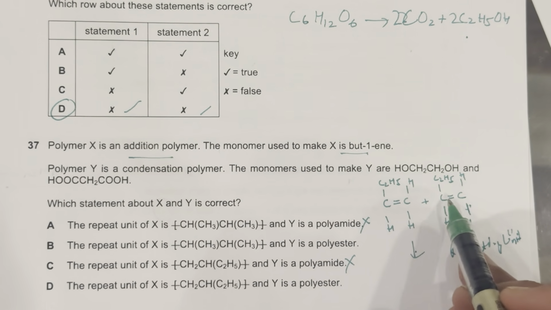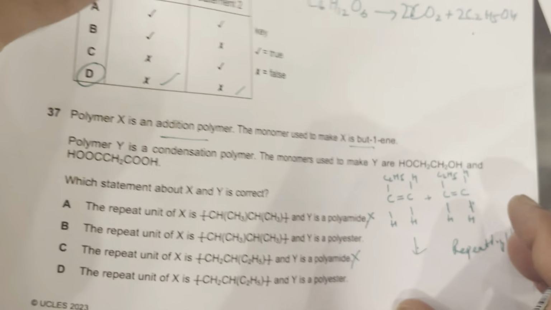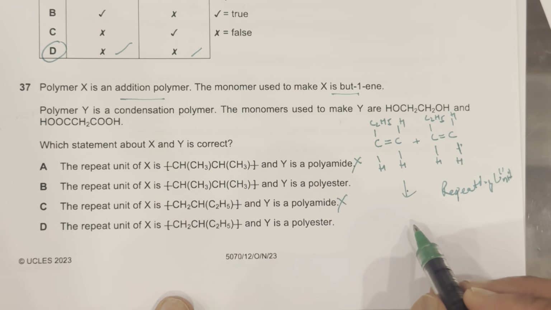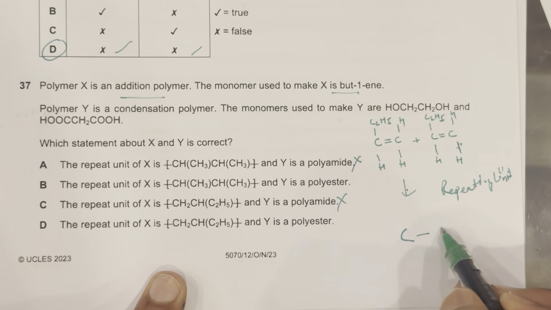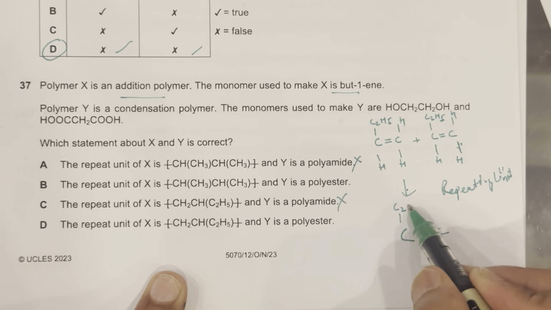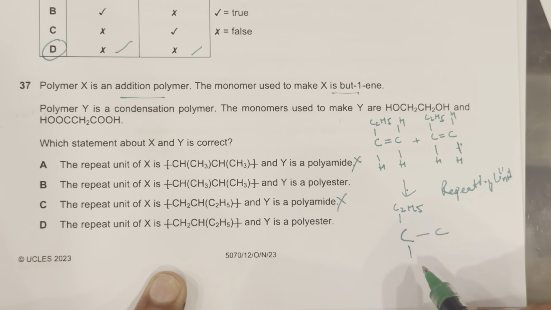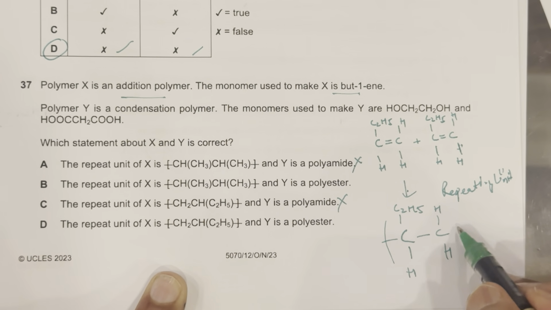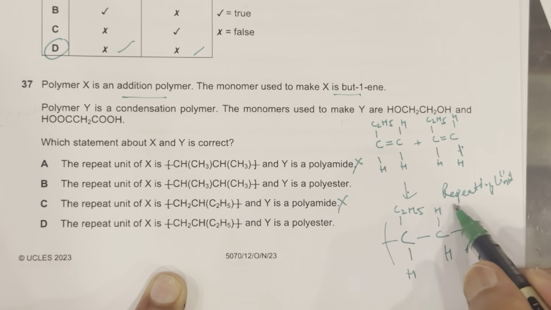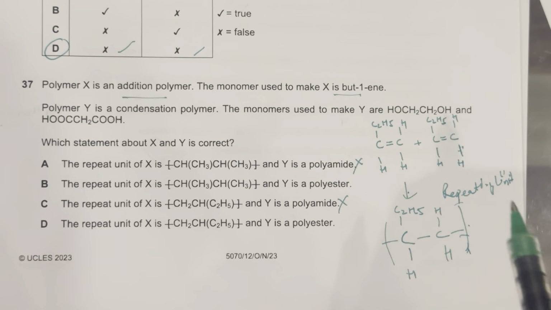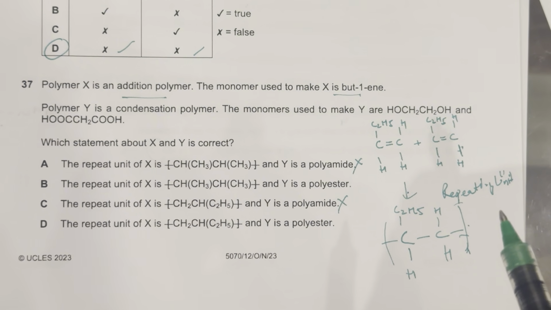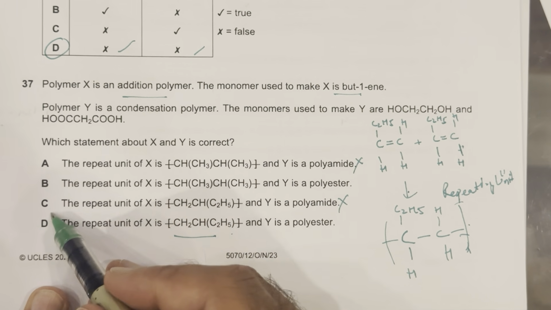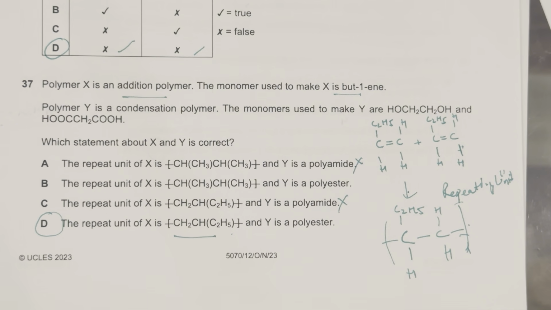They will make bonds with each other by breaking this double bond, and the repeating unit would be like this. So option D, C2H5, CH and CH2. Option D is the right answer for it.